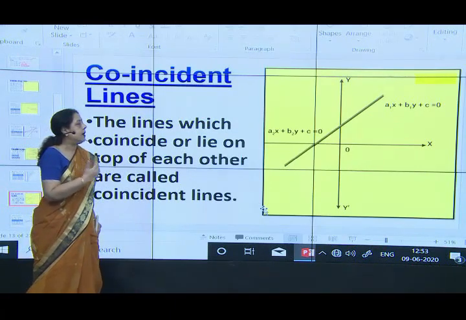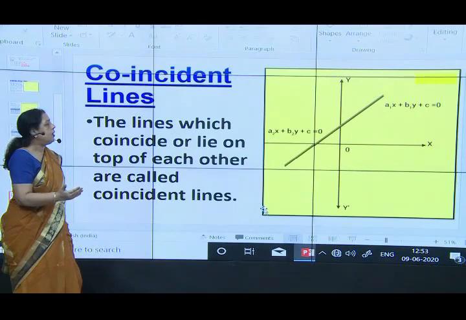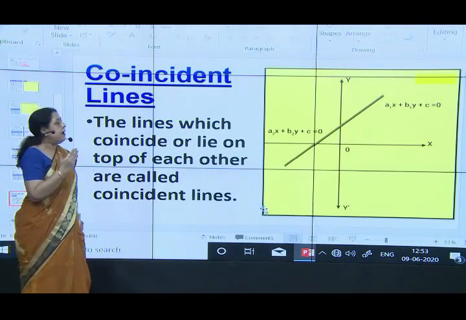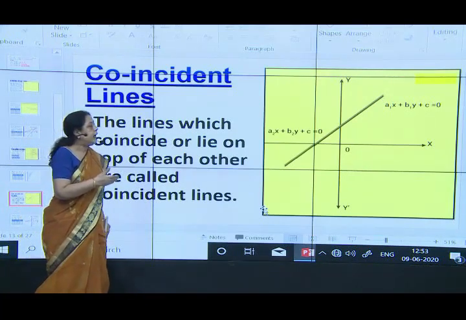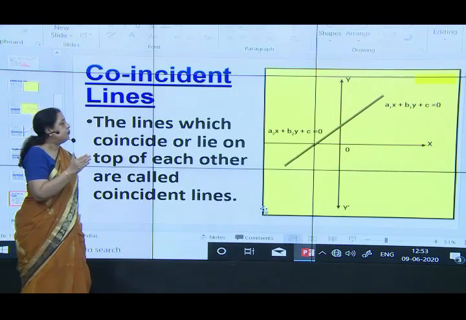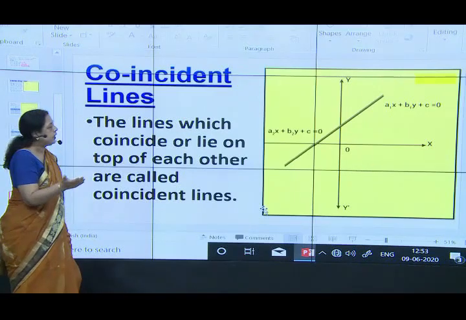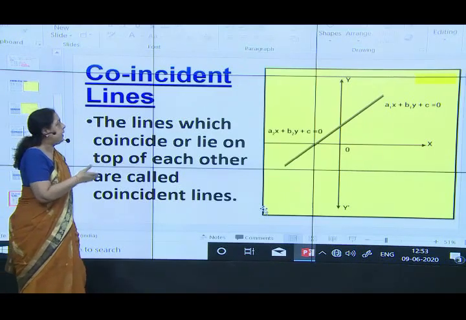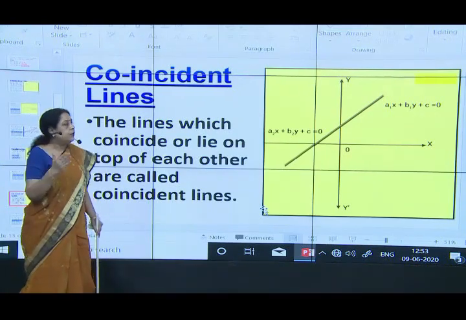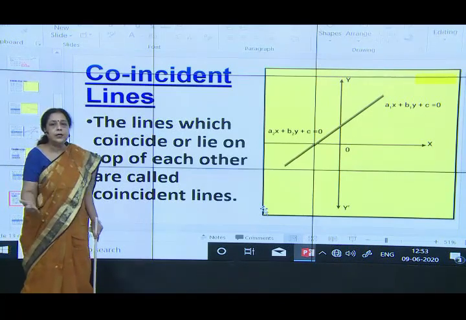Coincident lines are those lines which lie on each other, and as a single line has infinitely many solutions, here both the lines overlap each other, so in case of coincident lines, we have infinitely many solutions.